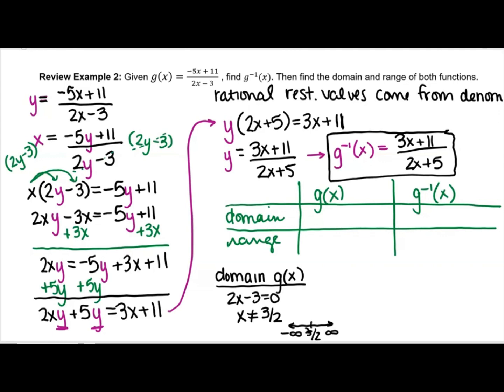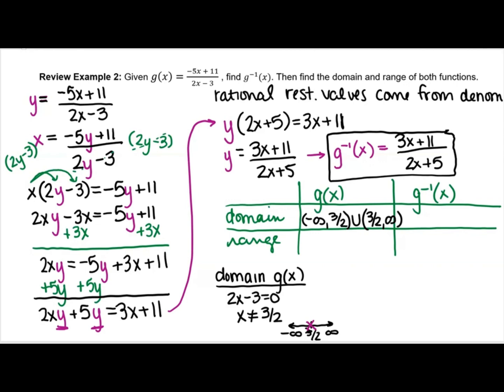And remember that x cannot be the 3 halves. So the domain of our original function is negative infinity on up to 3 halves with a parenthesis, union 3 halves to infinity. Notice I didn't even take my own directions, that I needed more room.